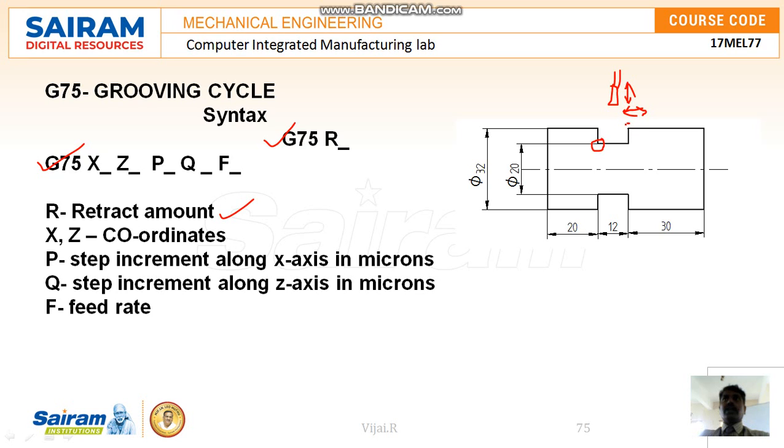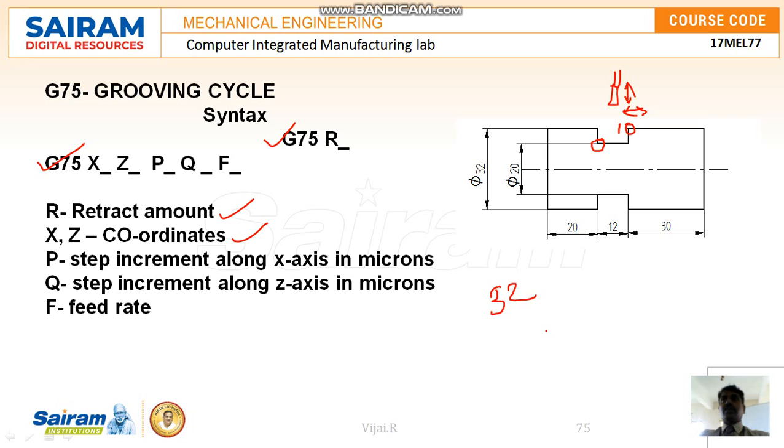This is very important. From this area to this area, the grooving has to be done, and P is the step increment along the x-axis. Imagine that the 32 diameter is there and I want to make it a 20 diameter here.